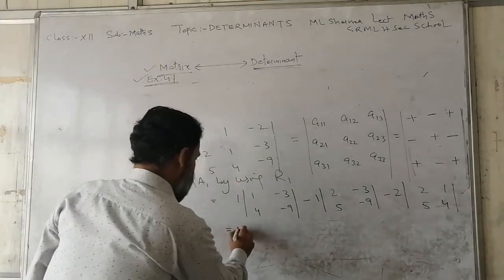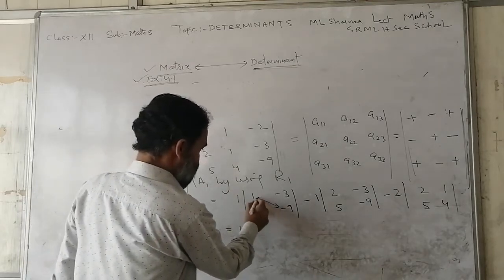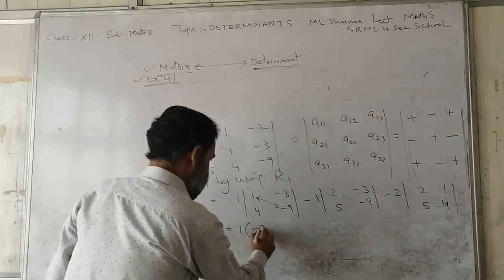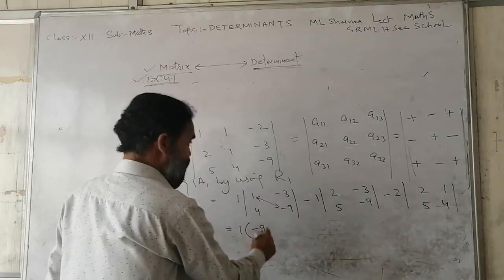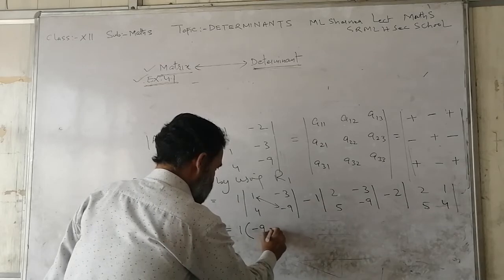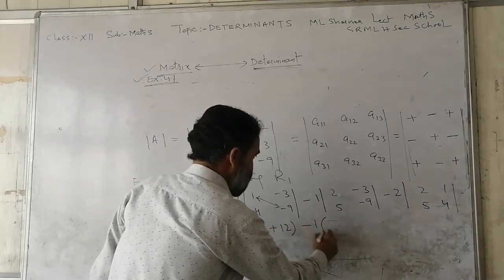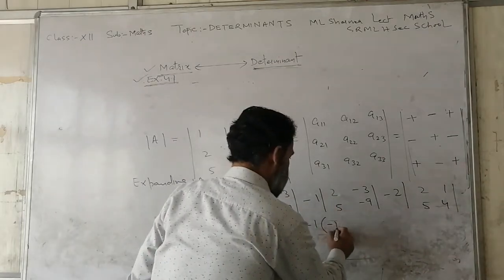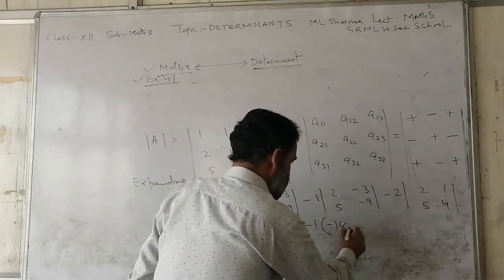So this will be equal to 1 into, multiply these two elements, so this will be minus 9. Then this 4 into 3, we use negative sign, and negative sign is already there, so this will be plus 12 minus 1. Again multiply these two. So this will be 18. Then this by this, again I will use positive sign.